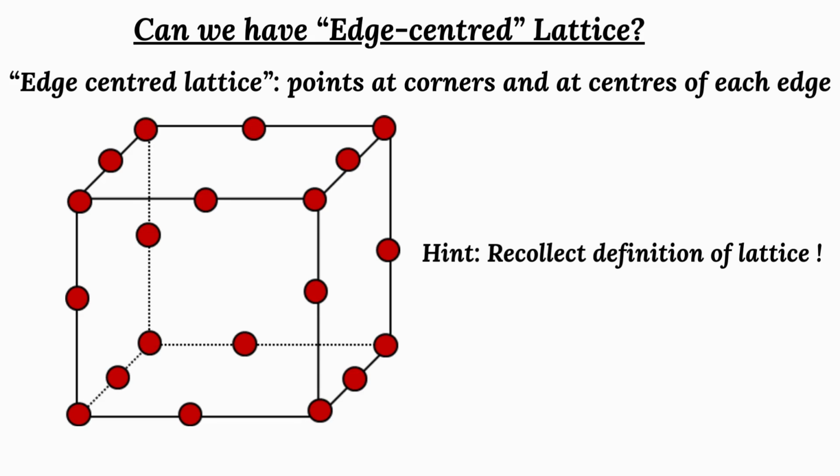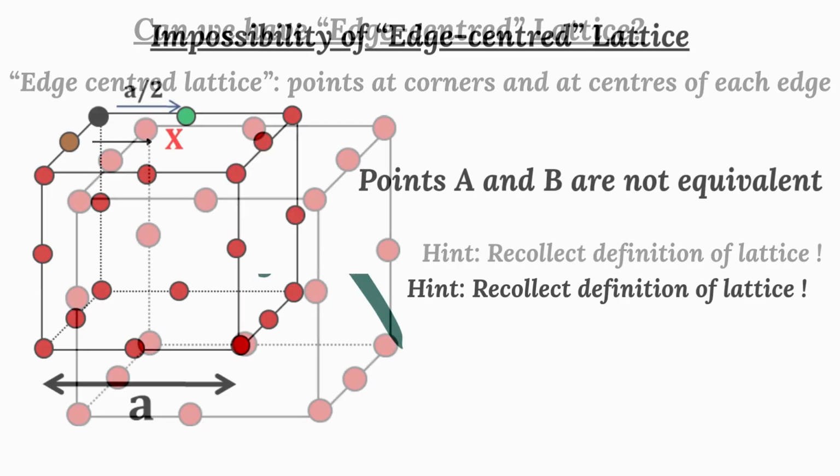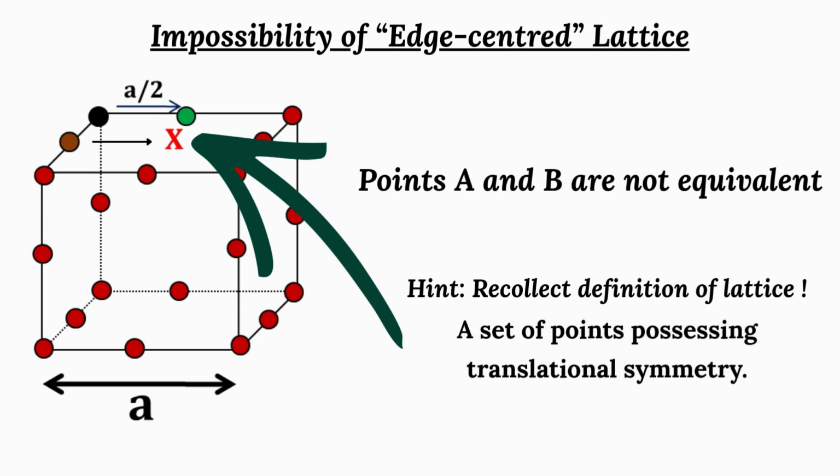Here, if you observe carefully, if I shift the corner point by a vector along the x-axis, you can find a point at a by 2, where a is the unit cell length. If you take it as a, then from the black to the green point, if I shift, it is a by 2. Similarly, there is another brown color point given in the picture.